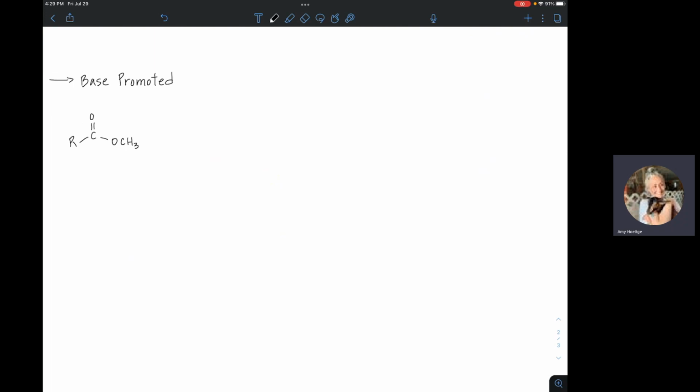We're going to use hydroxide as not just the base, but also the nucleophile. So we don't need to protonate the carbonyl because hydroxide is a better nucleophile than water, right? It's negatively charged. That carbon is electrophilic. It's electron deficient. We're going to attack it and push electron density up through the carbonyl.